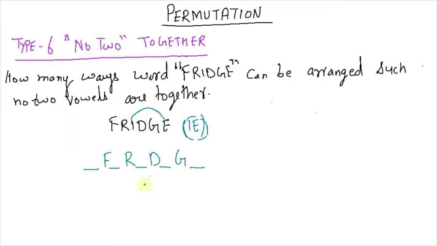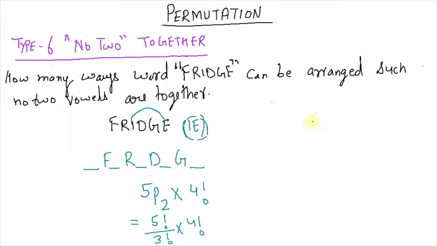It means 5P2. Multiply. These four letters can be arranged in 4 factorial ways. By simplifying this, we get 5 factorial divided by 5 minus 2, which is 3 factorial, into 4 factorial. By solving this, you can get the answer.